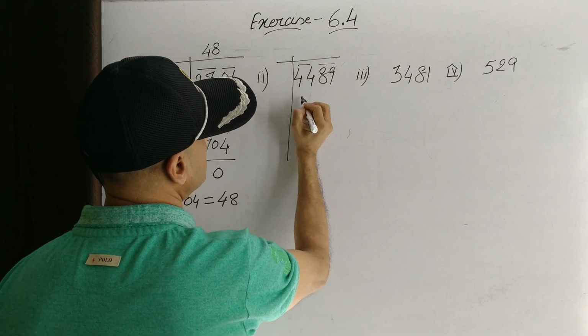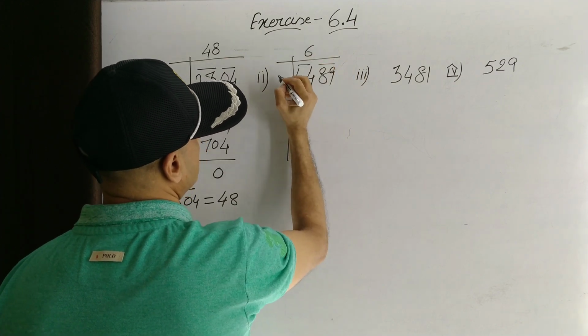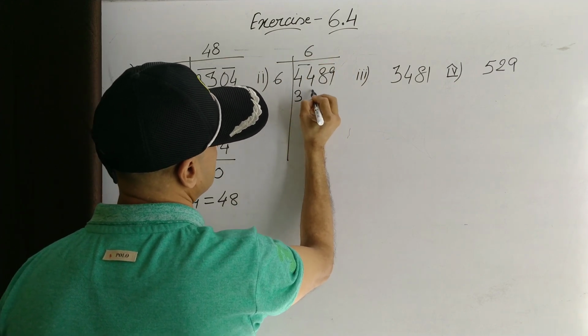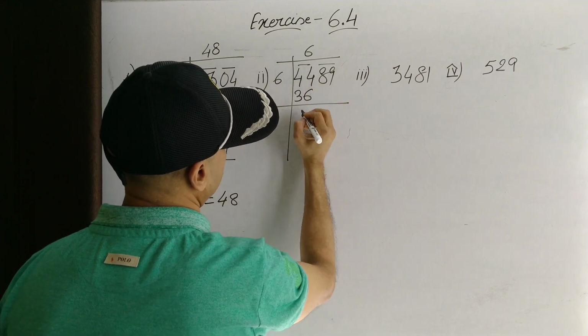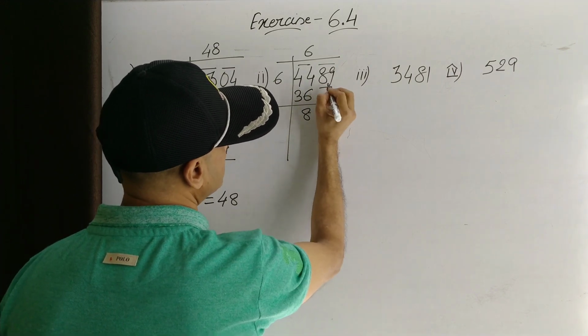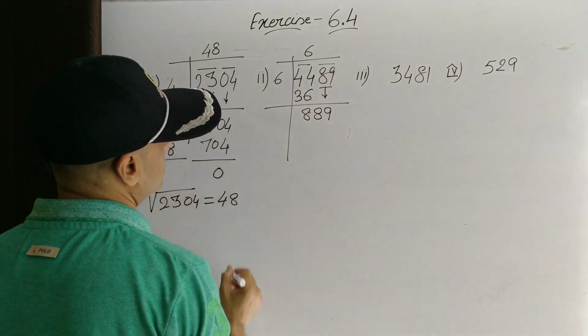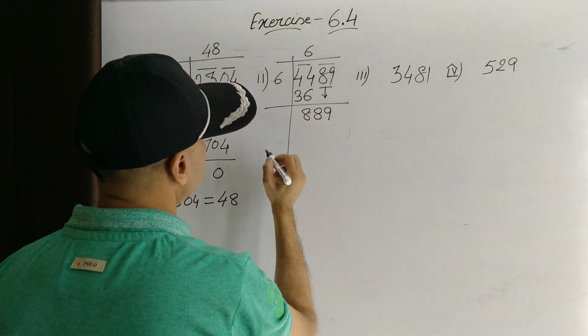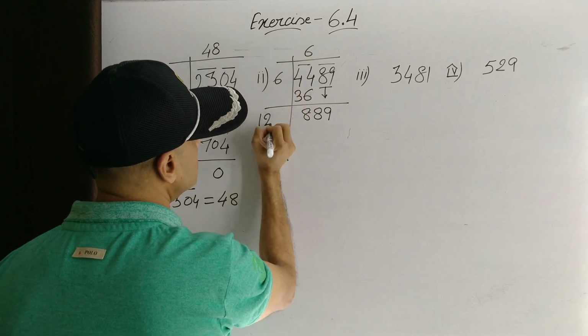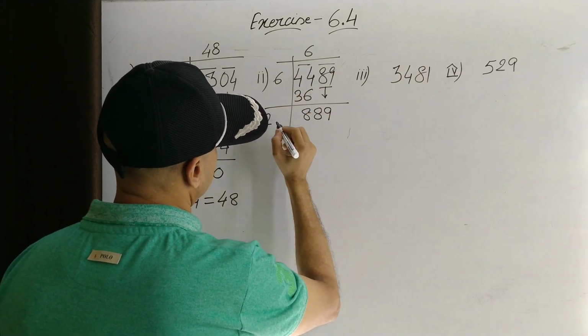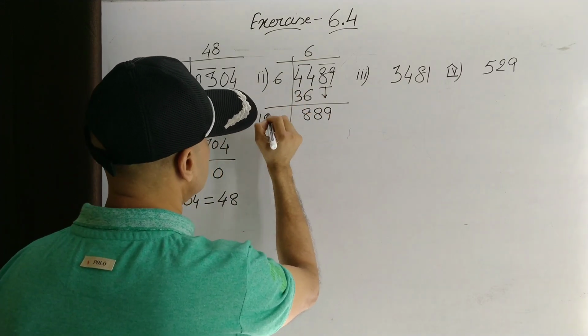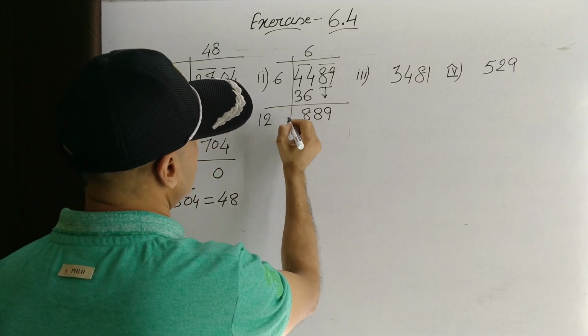We'll deal with 44 first, and the nearest possible is 6. We'll put 6 here and 36, and we'll have 8 as remainder. We'll bring this pair down and we'll get 889, and the left hand component of the new divisor will be 6 into 2, that is 12. Now the right hand component we have to find out.